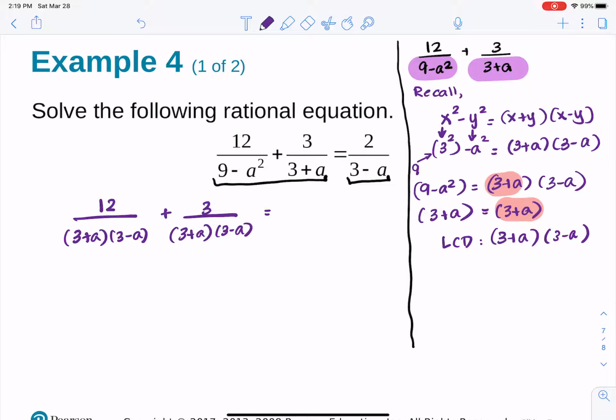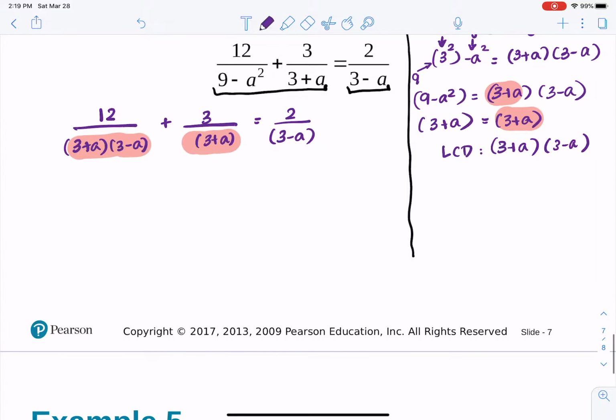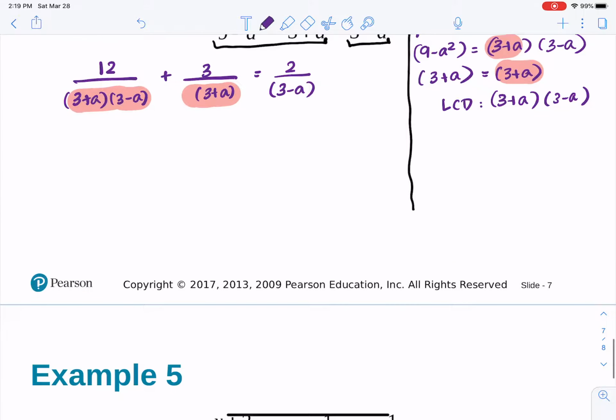And that would equal, going one step ahead here, 2 over 3 minus a. I want to make this denominator and that denominator look alike. So I'm going to multiply and divide the second fraction by 3 minus a.